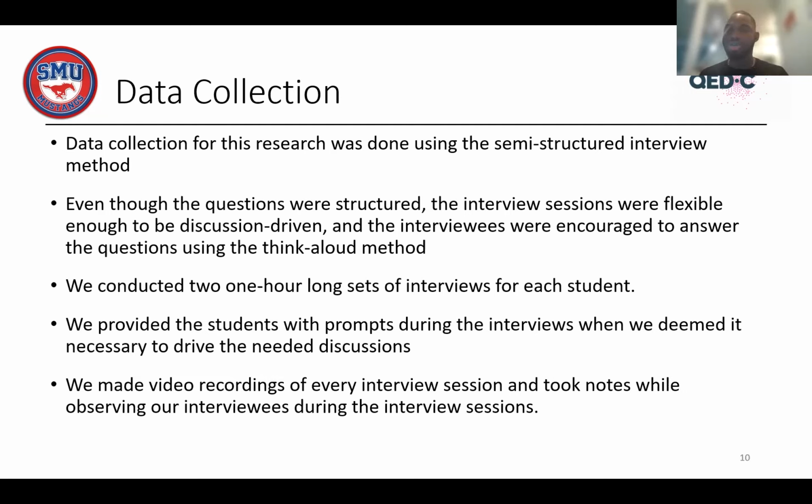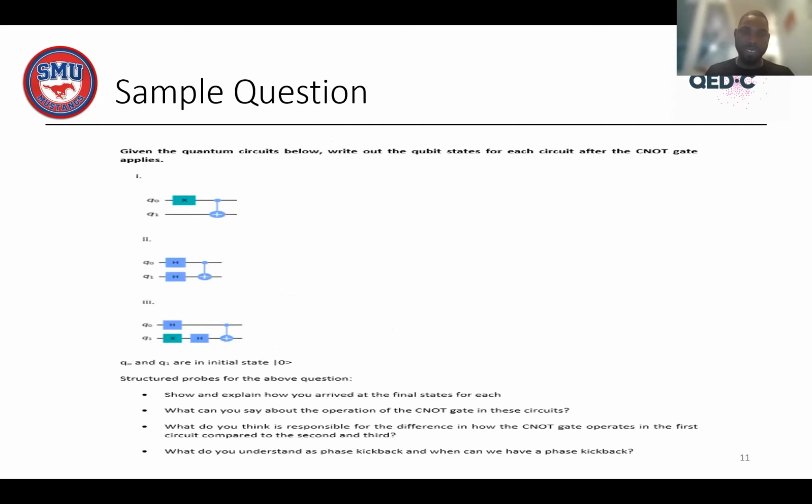We did not conduct it in the same semester because we wanted to know what exactly the students internalized and took out of the class, not something they can easily answer by flipping back to their notes.